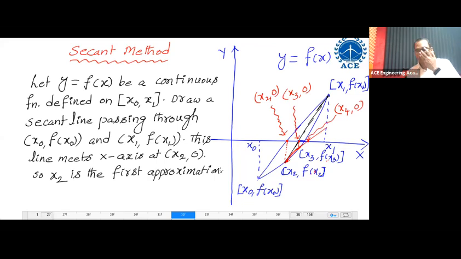Now another secant line should be drawn; the first secant line passed through x0, x1, and the next passes through x1, x2.